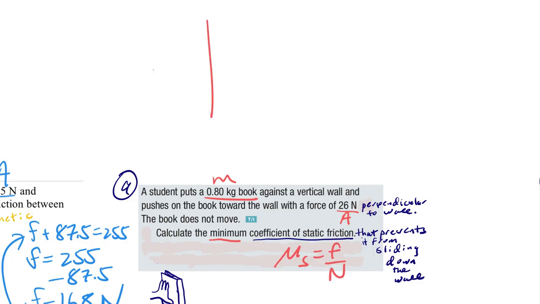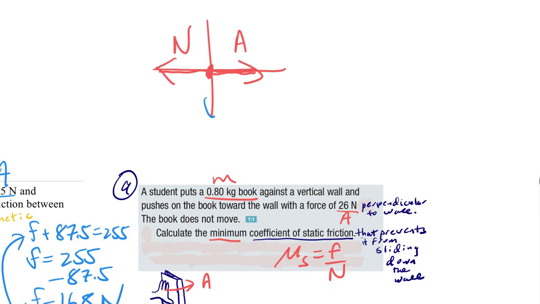Now let's draw the free body diagram. Here's the book being pushed against the wall. I'm applying that force right there, perpendicular to the wall. There's a normal force of the wall pushing against the book, right? And according to Newton's third law, the action-reaction law, they have to equal each other.